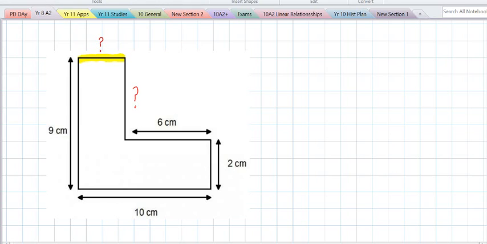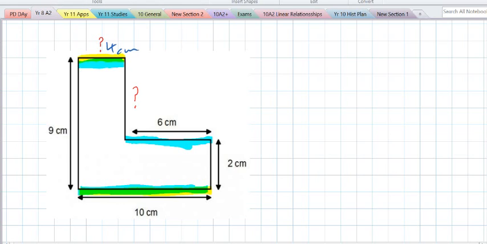Alright. If you take the bottom side of 10 centimetres, then you can think about it this way. Our question mark at the top plus this 6 must be equal to that entire 10. So what plus 6 equals 10? Well, 4.